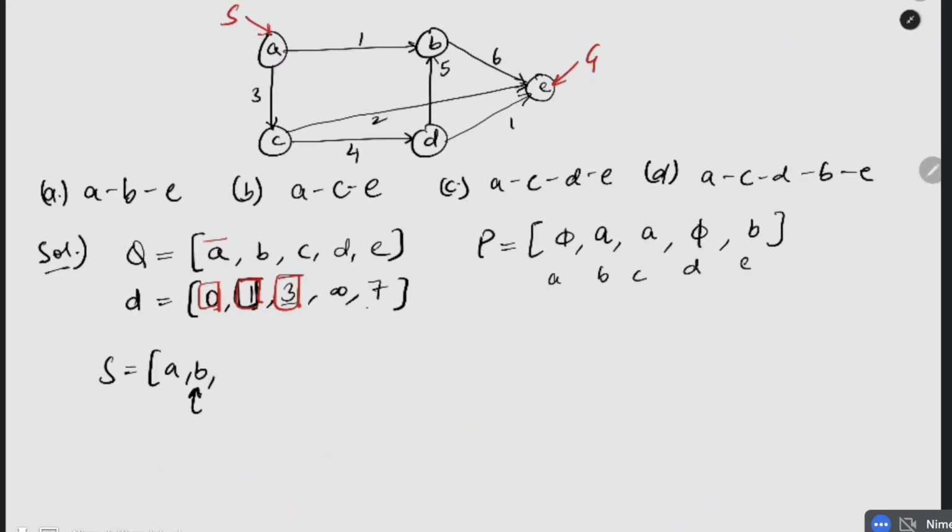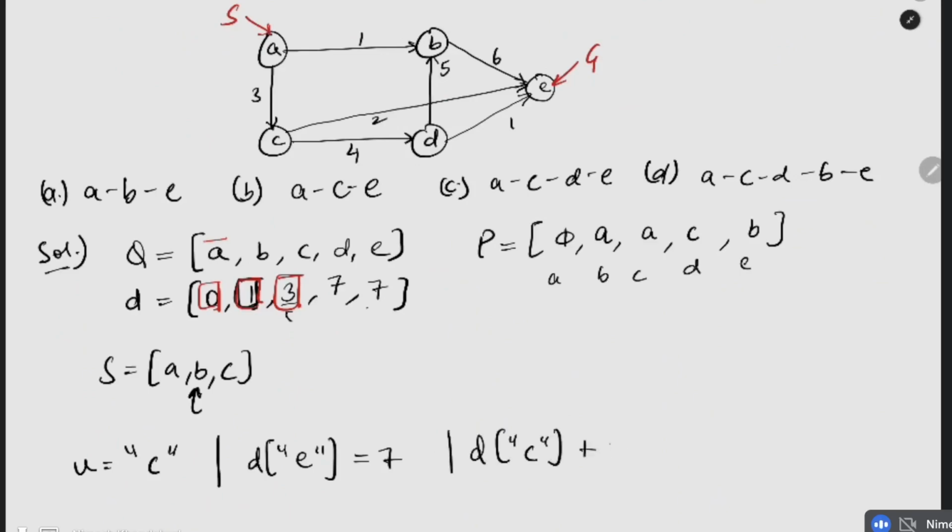So we take C, we put C here in S, and then check the adjacent vertices of C, so E and D. For D, it will be 3 plus 4, so 7, and since it has been updated, the parent goes here as C. And then for E, our U is C right now, and we are checking D of E. Right now it is 7, and D of C plus the weight between C and E is 3 plus 2, that is 5.